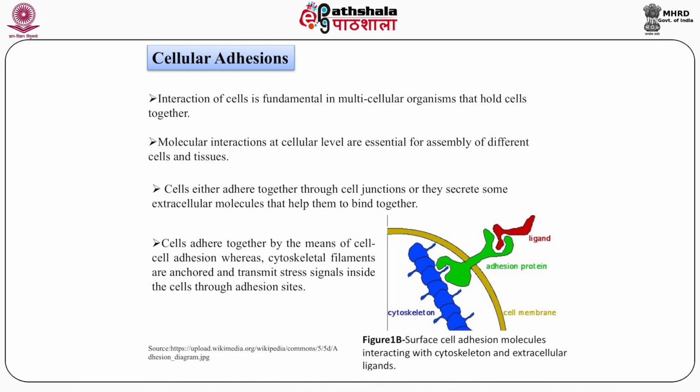Now, if you see that interaction of cells is fundamental in multicellular organisms that hold cells together. Molecular interactions at cellular level are essential for assembly of different cells and tissues. Cells either adhere together by cell junctions, or they secrete some extracellular molecules that help them to bind together.